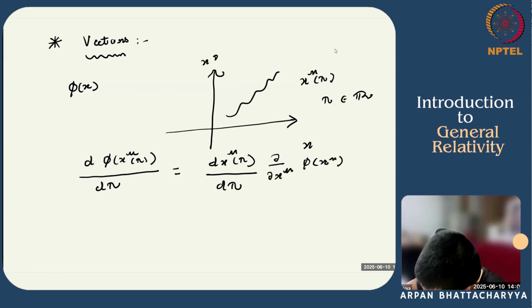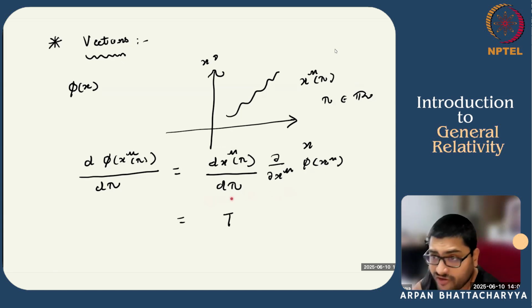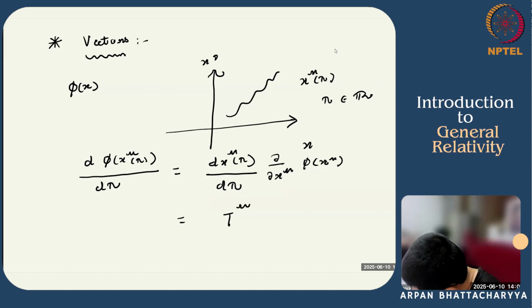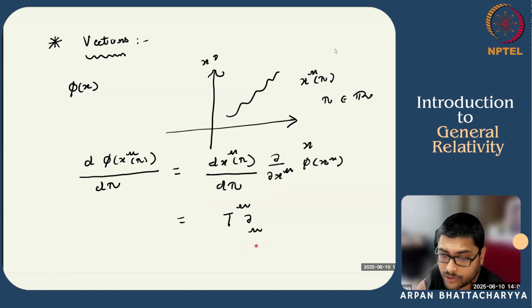Now from this we can identify that it's nothing but the tangent vector defined at every point on the curve acting on this function along the curve, T mu times del mu. So we write this in short notation using just del subscript mu. We are going to use that.